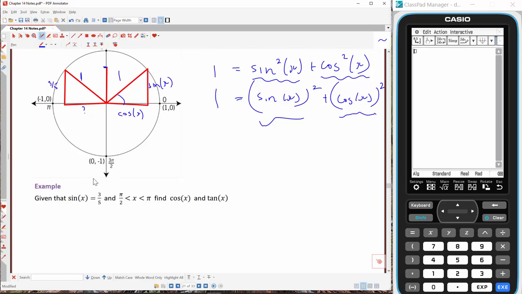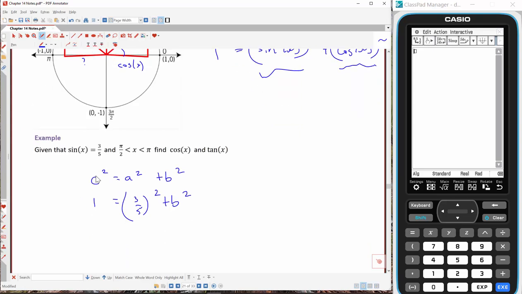We're after cosine x. So what we can do is pop this into Pythagoras' theorem to work out this length here. So we can say that we've got c squared equals a squared plus b squared. 1 equals this one here, so we'll go 3 on 5 all squared plus b squared. All right, now what we're going to do is note that this is 1 equals 9 over 25 plus b squared.